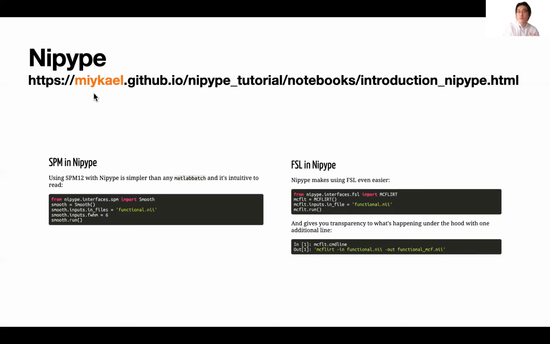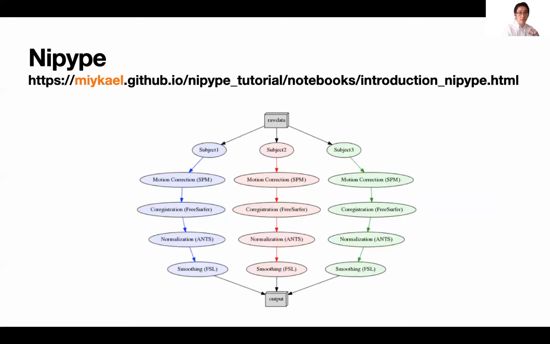And Nipype is a really good example for making pipelines for neuroimaging. You have to go back and forth between SPM, FSL, and AFNI, and you have to go between them loads of times. But using Nipype, you actually merge them together in Python in a very Pythonic way. So if you're interested, have a look at them.